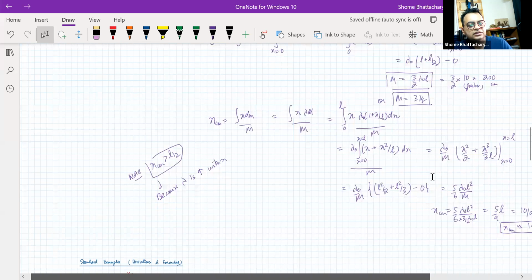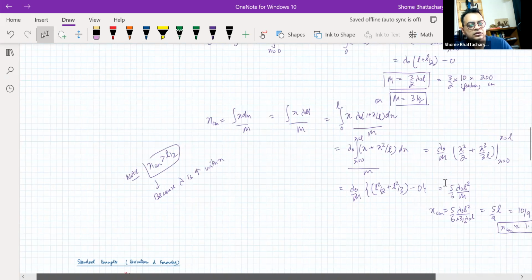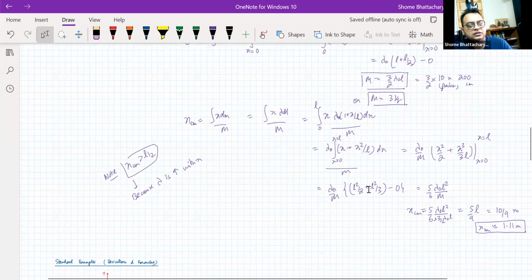So this integration results in this quantity. The numerator is lambda naught into L square into 5/6 divided by M, where M is the total mass.